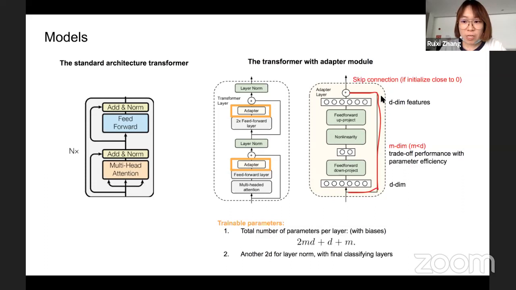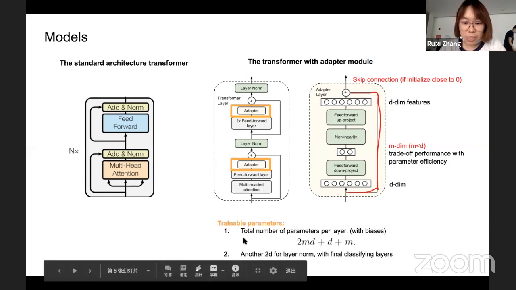It also has a skip connection. If we initialize all of the weights inside as close to 0, then this transformer with adapter modules is similar to the previous pre-trained model.